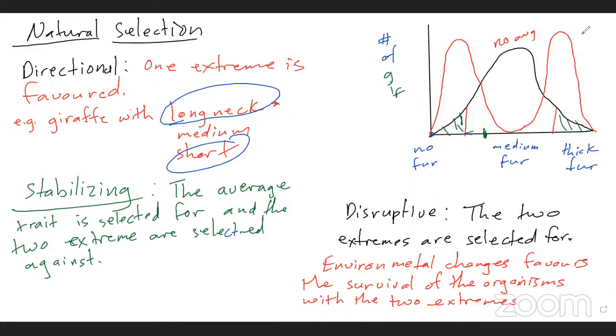Really good or really bad, all right? So both extremes are selected for. So this graph is disruptive, but the average is not selected for. So these are the three. So we have two peaks then with the disruptive? That is correct. The two extremes.